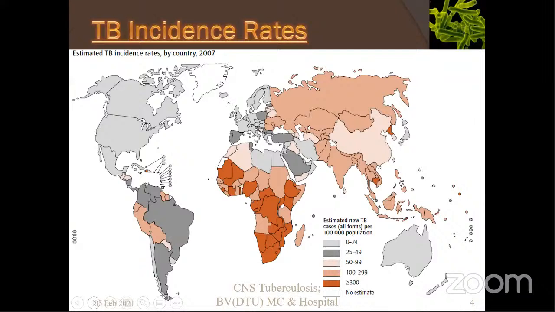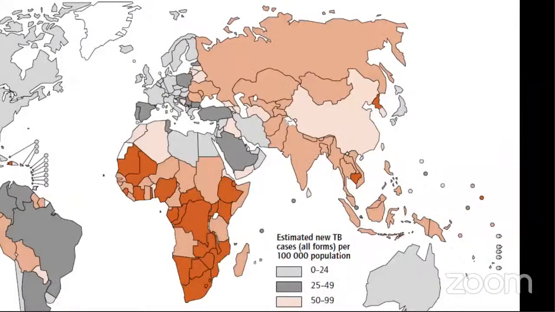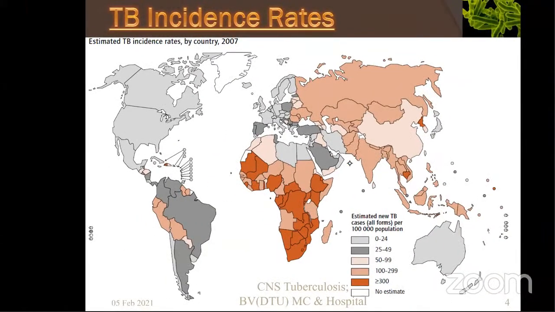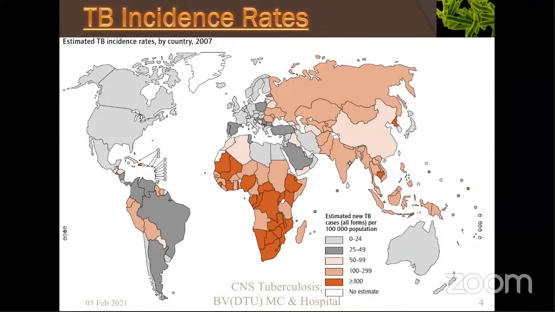It's a risk factor. And if you look at the incidence rates, India has got about 100 to 299 cases per 1 lakh population in the tuberculosis estimates. That means we have a large chunk of tuberculosis with us.